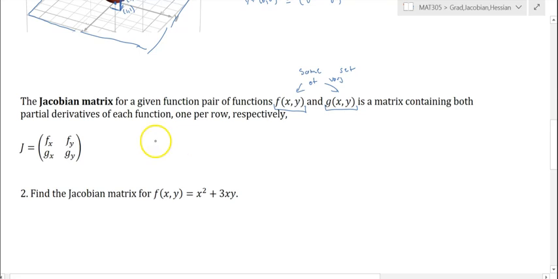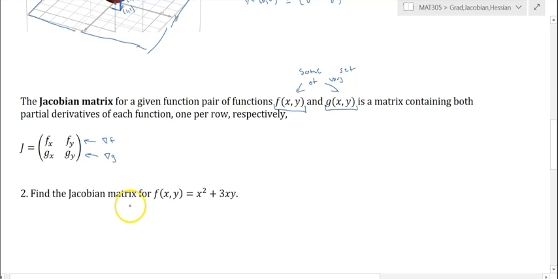Then basically we would have as its rows the gradients of each of these specific functions. So notice that we have a gradient of f and the gradient of g. That's an easy way to think about it. If you have multiple functions, you just compute the gradient of each of those functions and then stack them as rows.